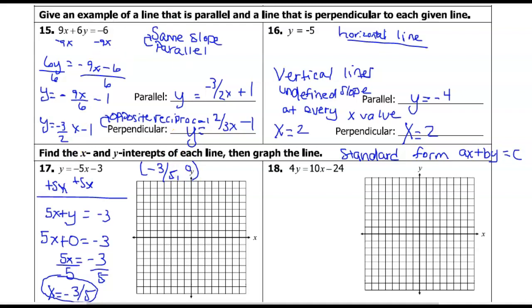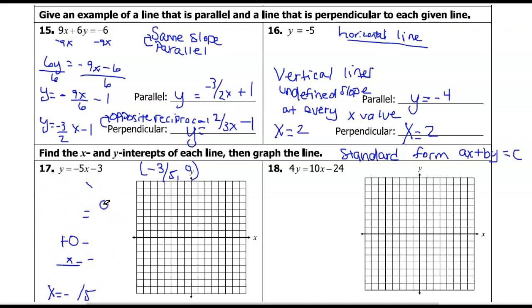And then my y-intercept, I'll do the same thing. I got rid of my equation. So I got 5x plus y equals negative 3.